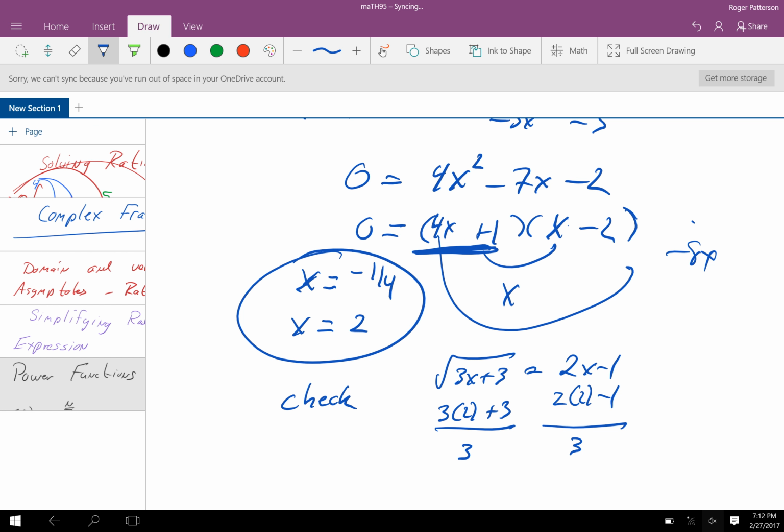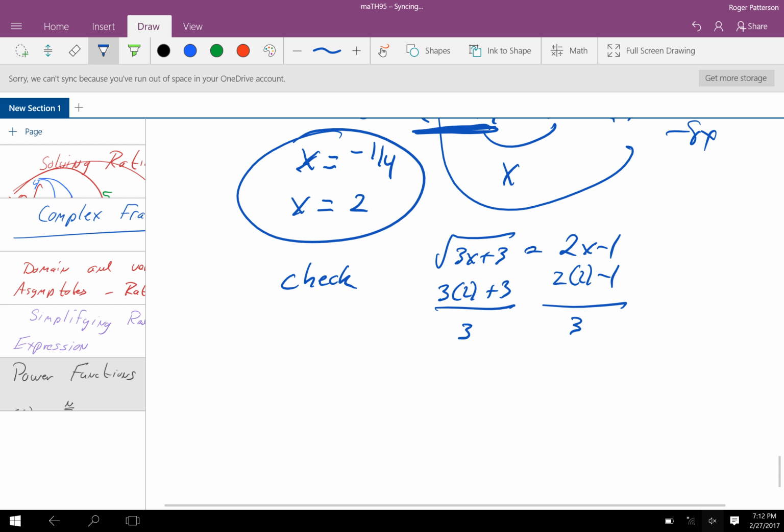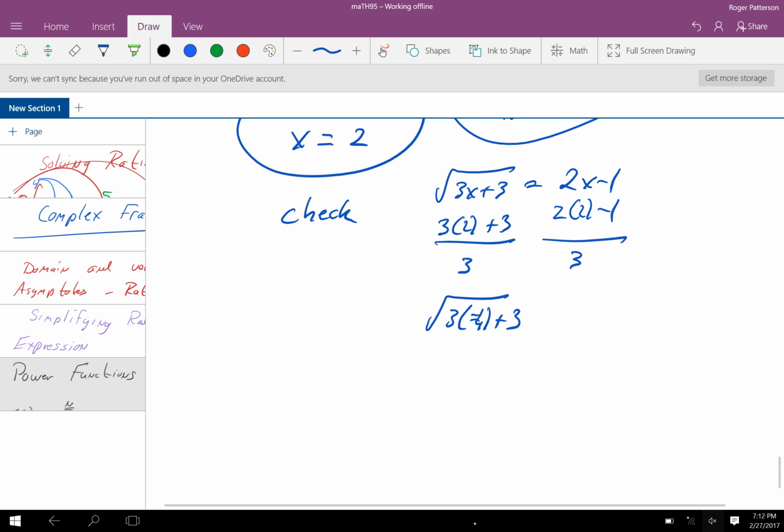It doesn't? How do you know that? Oh, what'd you get? You just did it. It didn't work. So let's see. This is going to be negative 3/4 plus 3, right? So that's the square root of... It would be 2x minus 1. Well, wait a second. But what about the square root?